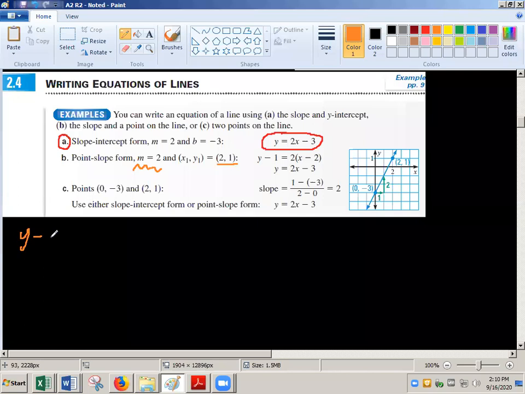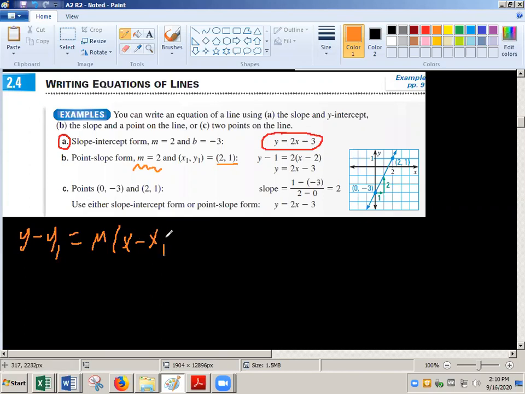So it's y minus y1 equals m times x minus x1. So the important thing to note here is that the x1 and the y1 are actual values. So those are the numbers coming from the point we were given. So we were given this point, 2, 1. So my x1 value is 2, and my y1 value is 1.